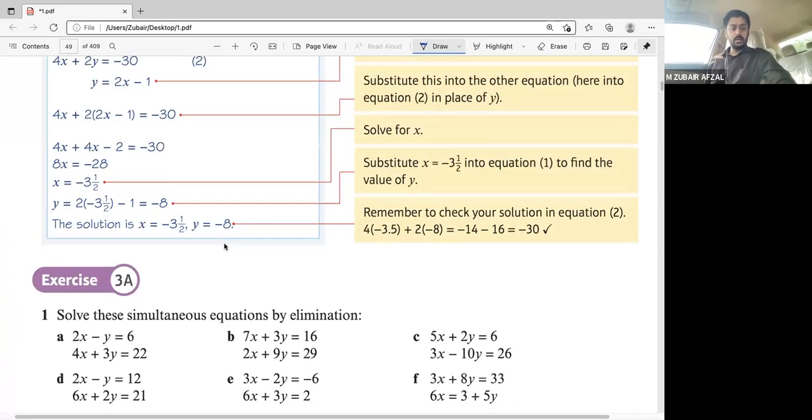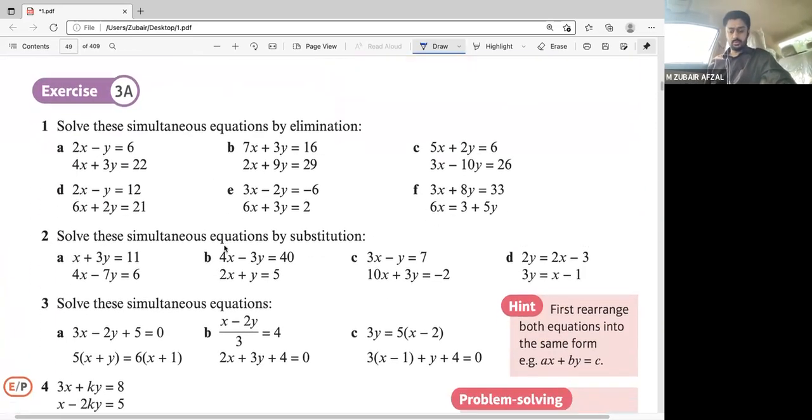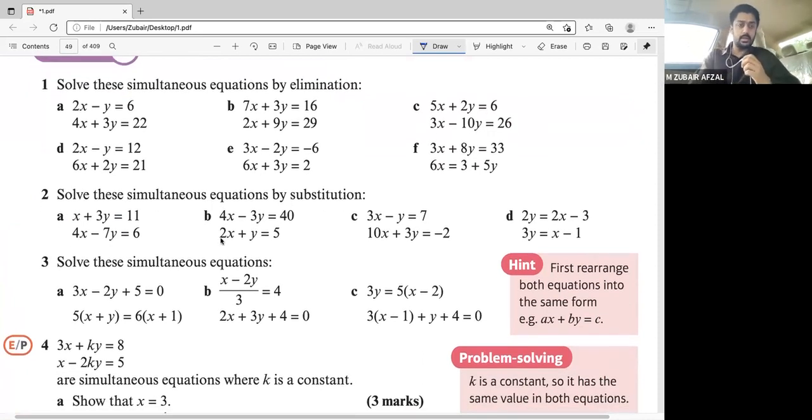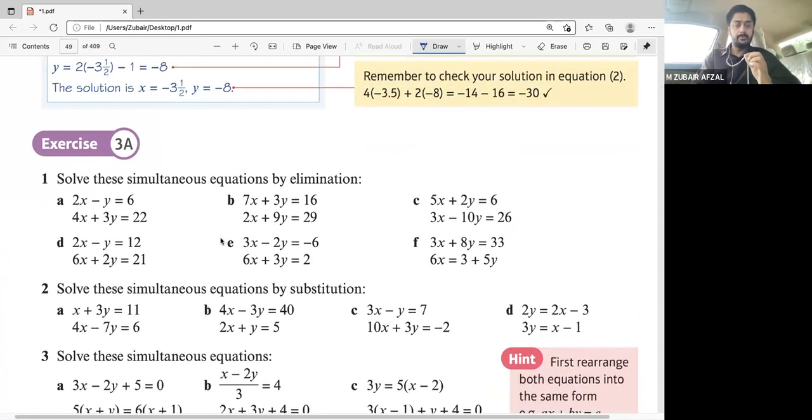3.1 and 3.2. I'll write it in text as well. This is exercise 3A question 1. Please do try a few questions. Minimum one of elimination, one of substitution. I would recommend that you choose any question. The book says to solve it with elimination.